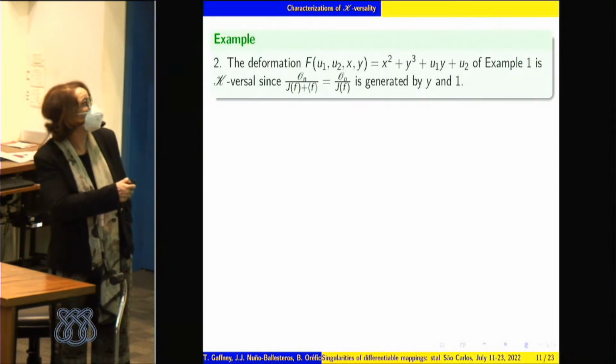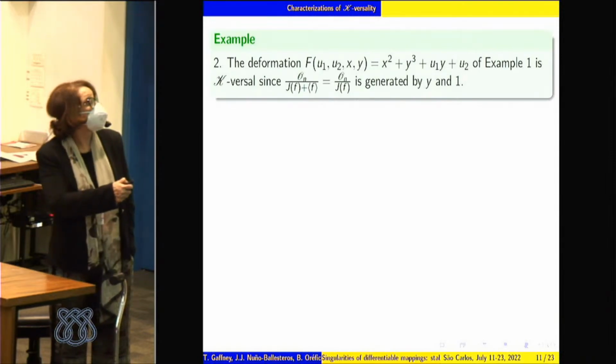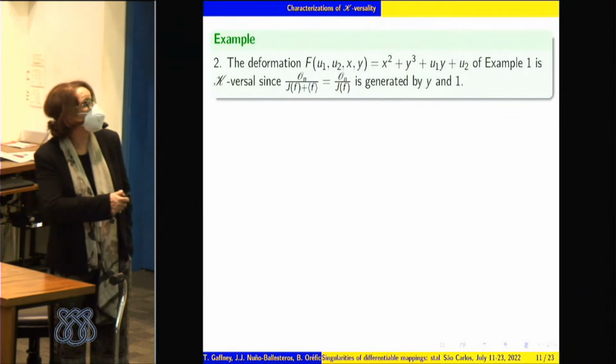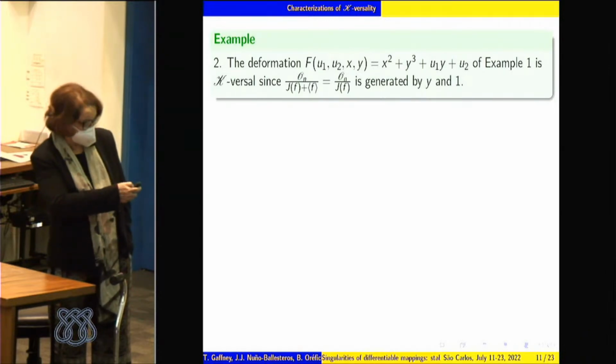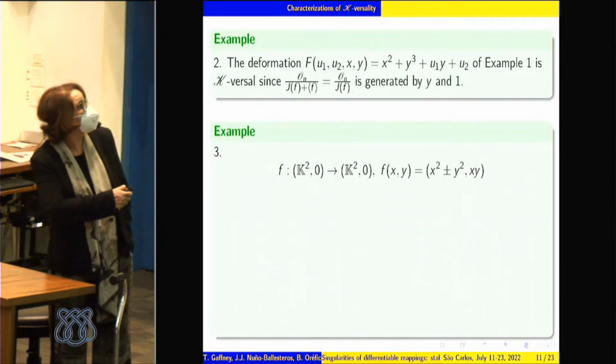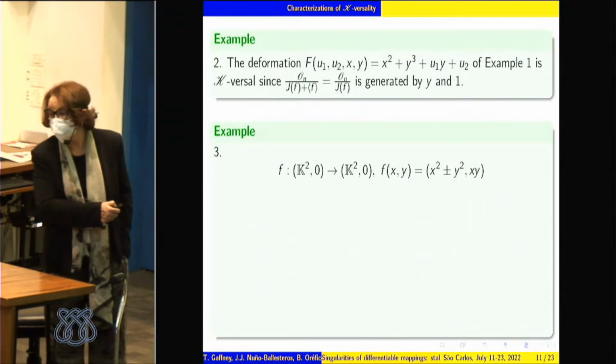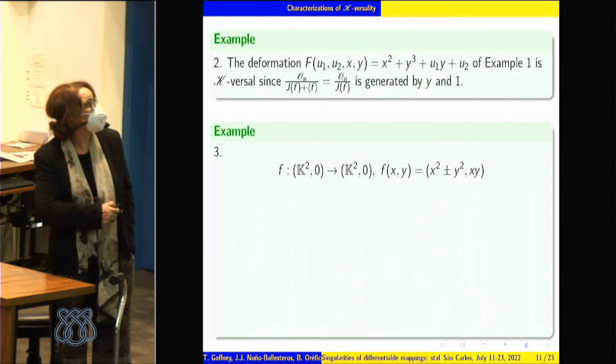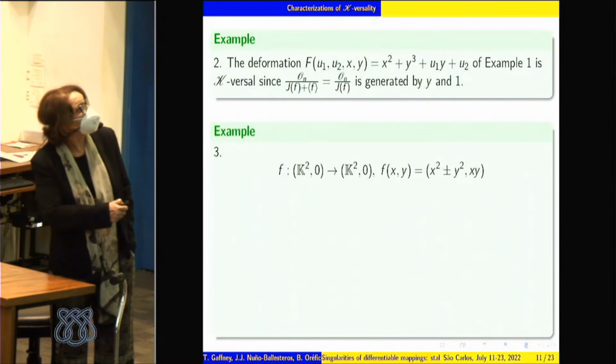This is the Jacobian ideal plus the ideal generated by F. But since this singularity is weighted homogeneous, it's easy to see that F, in fact, belongs to this ideal. And then we have this equality here. Then a basis for this quotient can be chosen as y and 1. And then, in fact, F is the K-versal deformation.